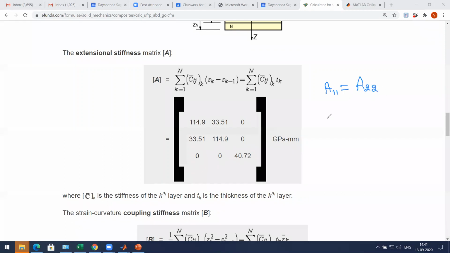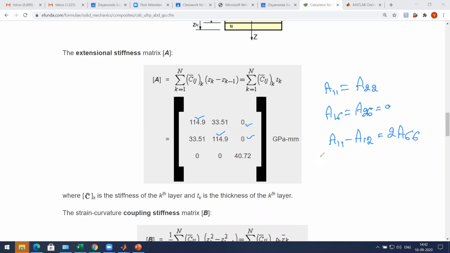A16 must be equal to A26, which must be equal to 0, and then A11 minus A12 is 2 times A66. A11 is equal to A22. A16 and A26 are 0. What about this? Can you check this?